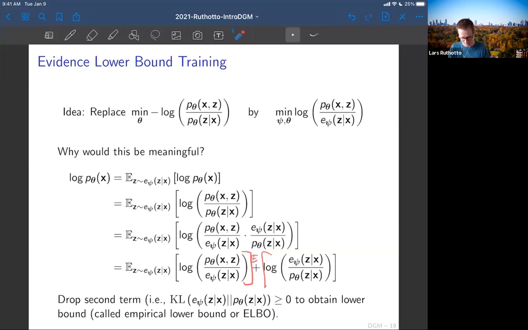That's the only thing you need here, which means that this term is going to be non-negative. And if I dropped it, which the proposal that I have up here actually would do, I would basically have a lower bound on the likelihood.